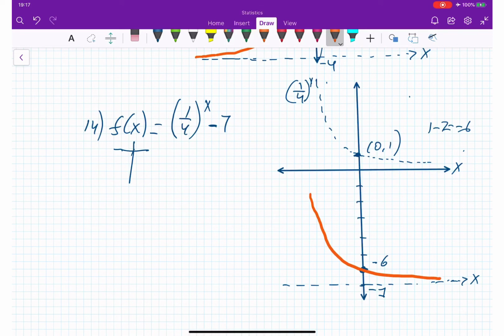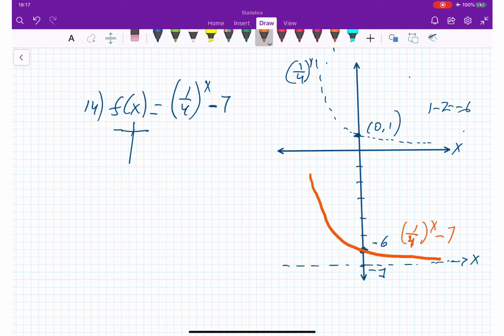Like this. And this is 1/4 to power x minus 7. Now, if you don't want to move like that, you can build by points.